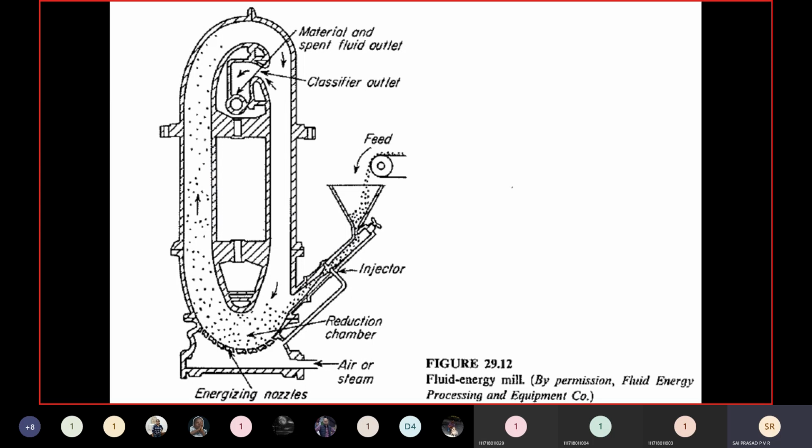The logic is, when we have a higher reduction ratio, from 10 centimeters to 1 millimeter, 1 millimeter to 0.1 millimeter, as the size of the particle is decreasing, it is very difficult for us to nip the particle and then apply the forces. So here you see how much energy we are expending, for what purpose? For getting very small particles which are already small in size. So this is an example of a fluid energy mill.